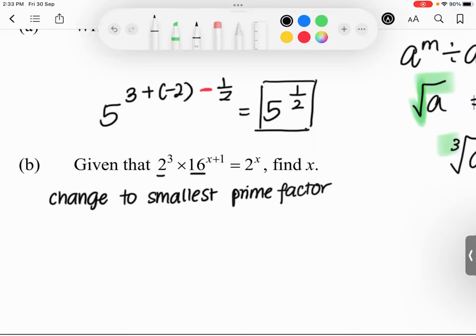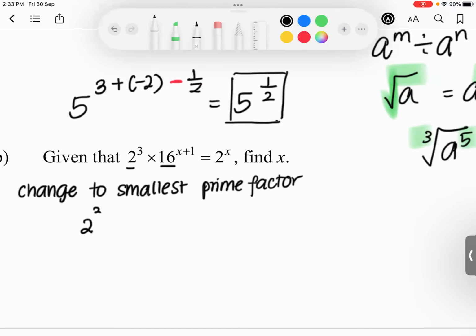So 2 is already on its own, so 2 cubed, 2 is already the smallest prime factor. Now we deal with the number 16. 16 divided by 2 is 8, divided by 2 is 4. So this number 16 has changed to 2 to the power of 4.